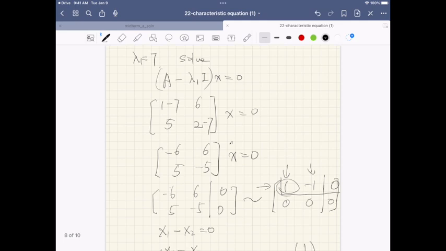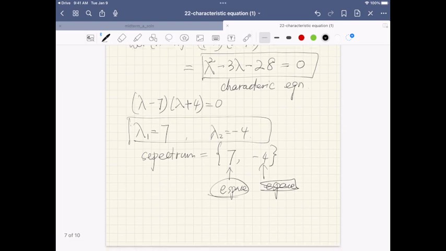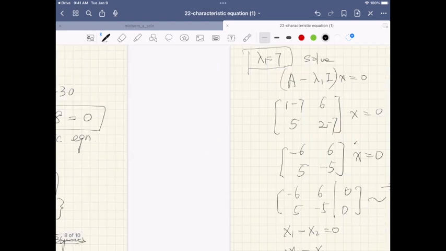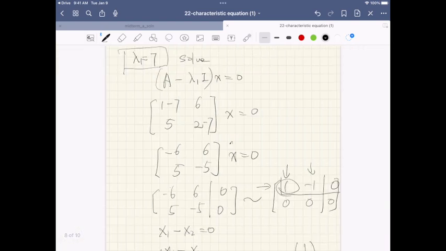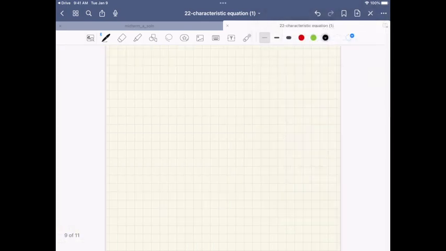Now, this is the first eigenspace. Because we have another lambda, which is lambda 2 equals -4, I need another eigenspace. So lambda 2 equals -4, and (A minus lambda 2 I) x equals 0. This is the equation you want to solve.